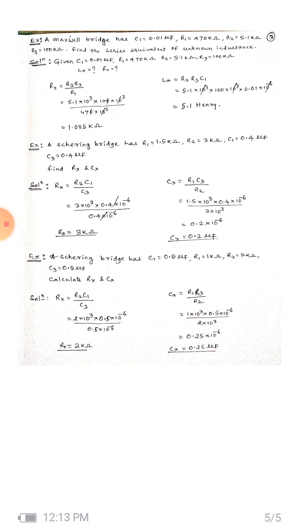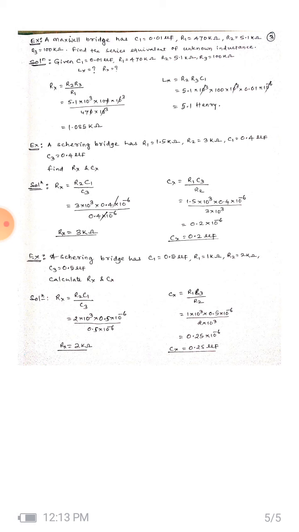The next problem is based on the Maxwell bridge. It has C1 equal to 0.01 microfarad, R1 is equal to 470 kilo ohm, R2 is equal to 5.1 kilo ohm, and R3 is equal to 100 kilo ohm. Find the series equivalent of the unknown inductance.